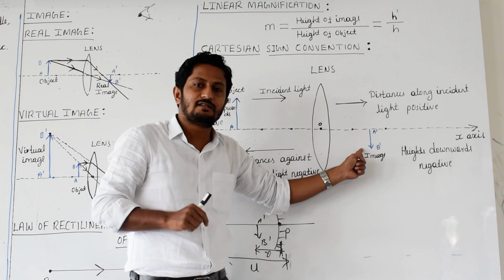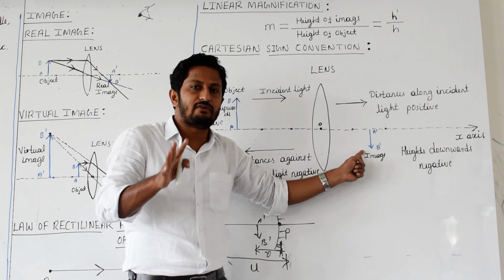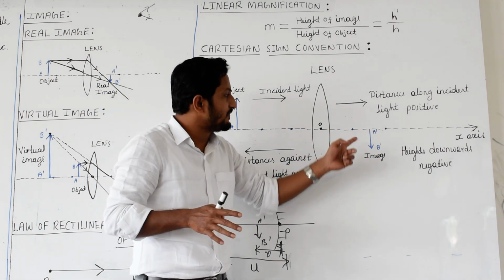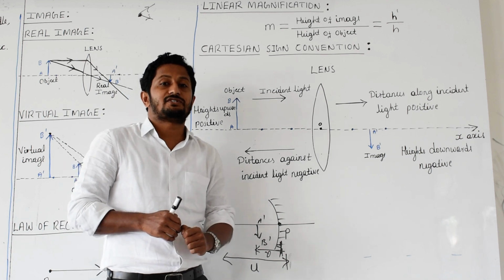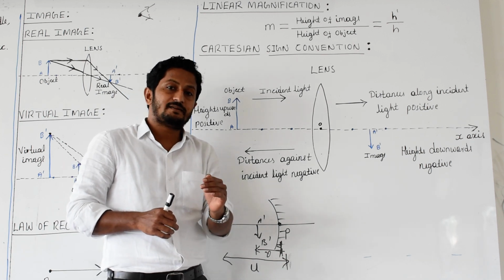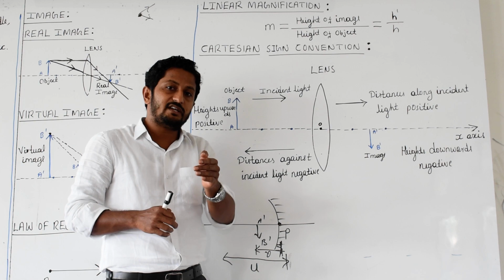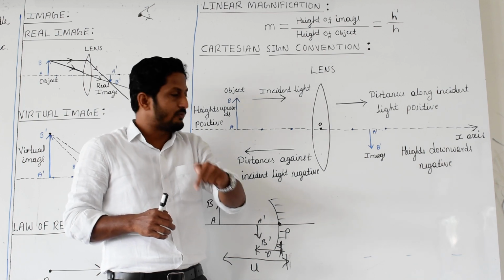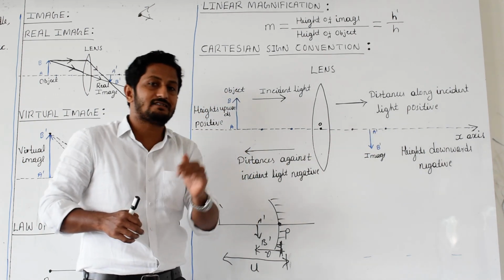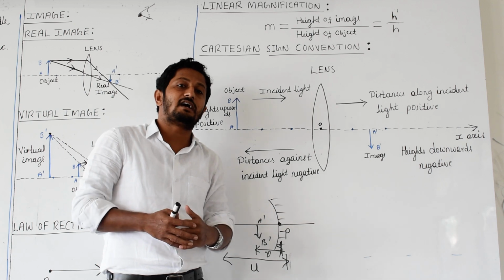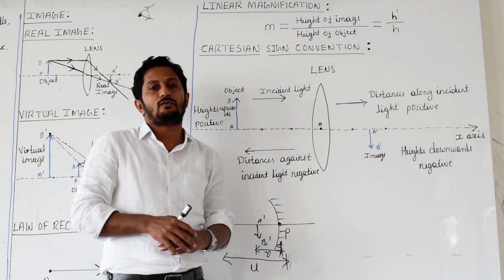Here it's the image, so h dash. Have you understood? So this is the fifth sign convention. Heights measured vertically downward with respect to the principal axis are taken as negative.